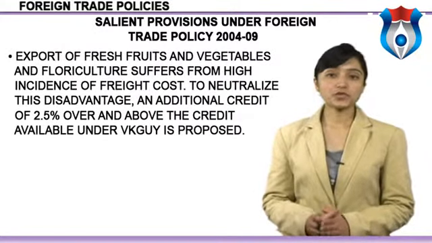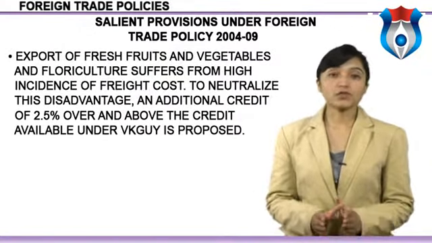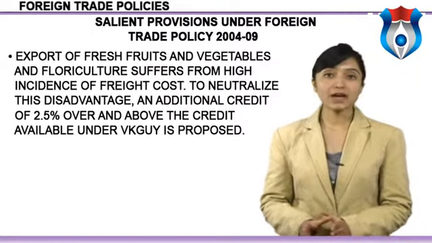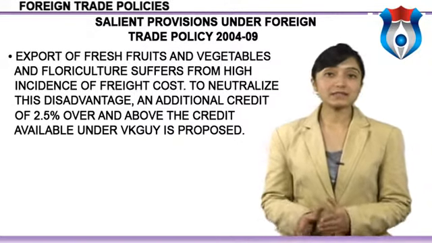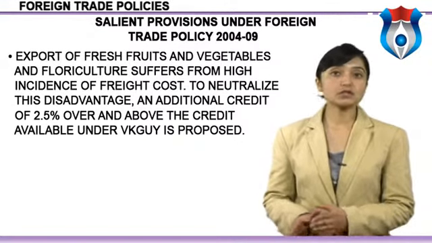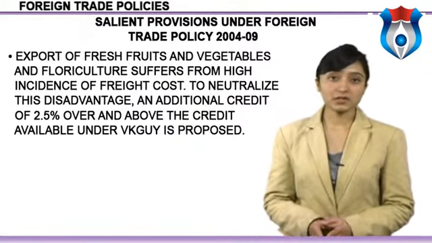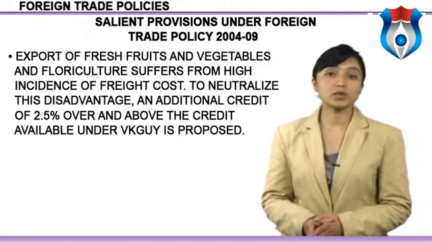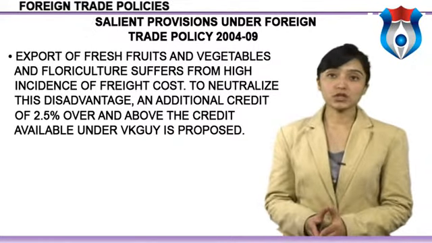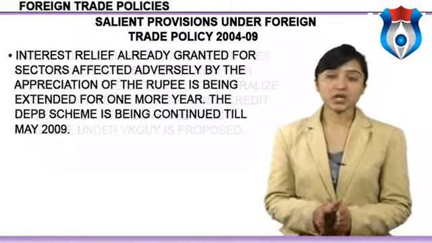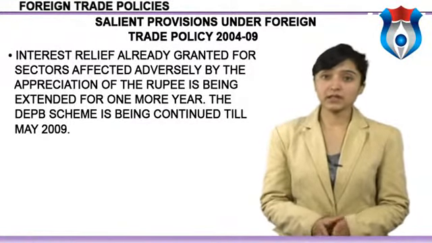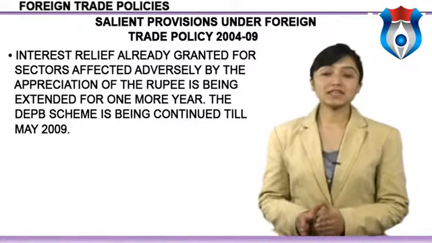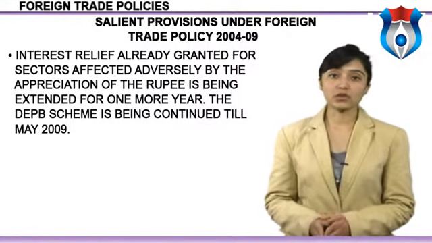Export of fresh fruits and vegetables and floriculture suffers from high incidence of freight cost. To neutralize this disadvantage, an additional credit of 2.5% over and above the credit available under VKGUY is proposed. Interest relief already granted for sectors affected adversely by the appreciation of the rupee is being extended for one more year.